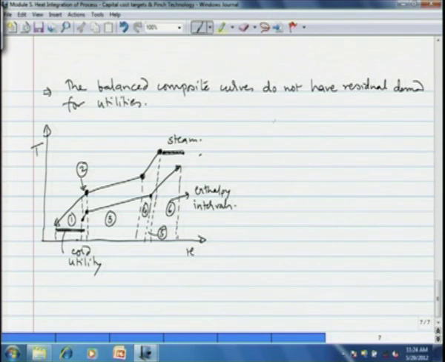We can make a reasonable assumption that the overall heat transfer coefficient is constant throughout the process, and then assuming a true countercurrent heat transfer, for the vertical heat transfer, that means direct transfer from hot streams to cold streams, we can calculate the area of the network.